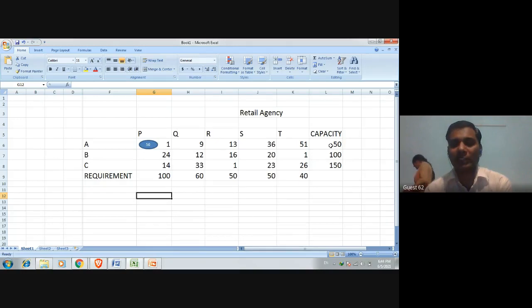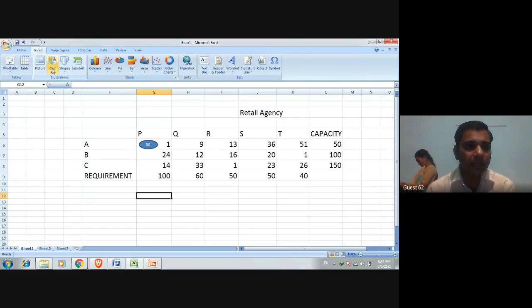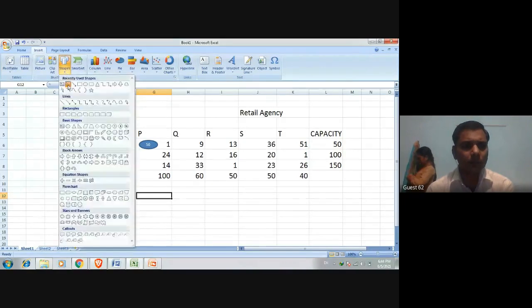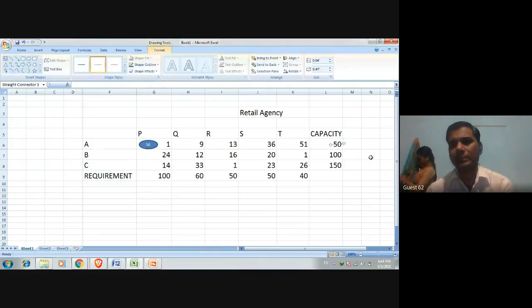It means there are no units left in warehouse A. So we will draw a line to cut this source. Now I have got this line.